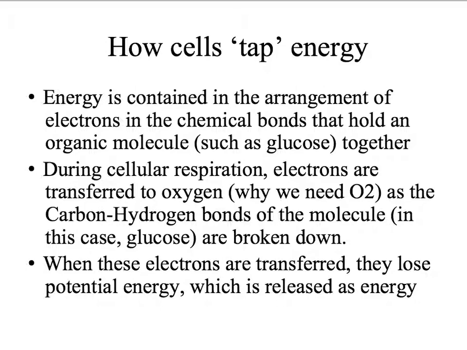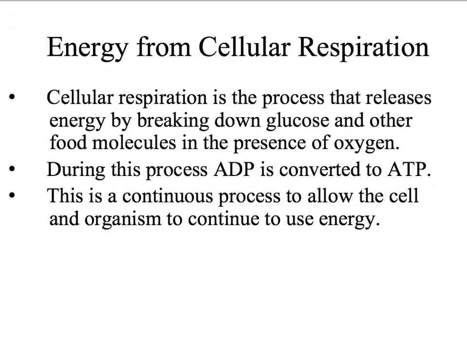And potentially when we break bonds, there's going to be this release of energy. And this is what we're going to do to glucose. We're going to break some of those bonds, form a couple of different things, and that's where we get the energy from. So cellular respiration is really the process that releases this energy by breaking down glucose and other food molecules in the presence of oxygen.